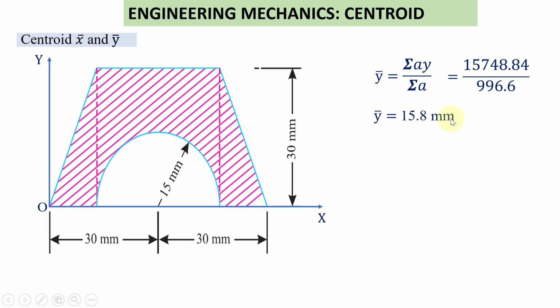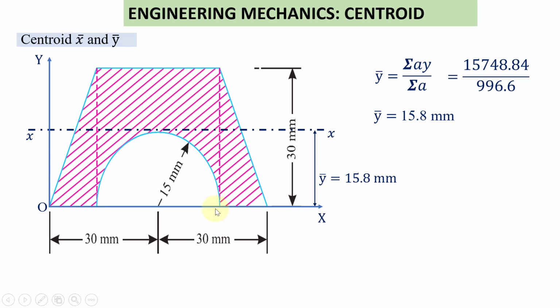So how to represent that value in this diagram? Because the y bar value is the distance between this centroidal axis, that is XX, from the reference axis OX. So this is the y bar distance what we have calculated, and it measures 15.8 mm.